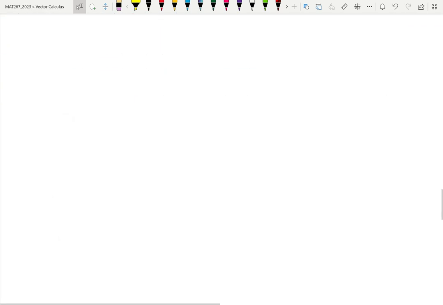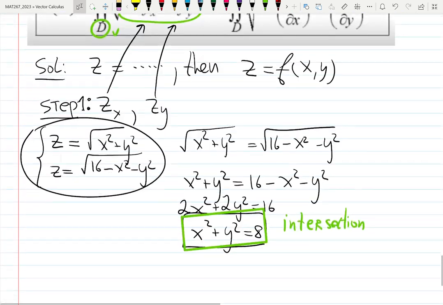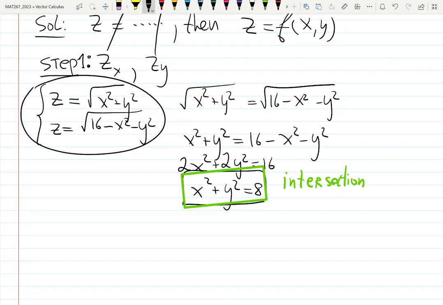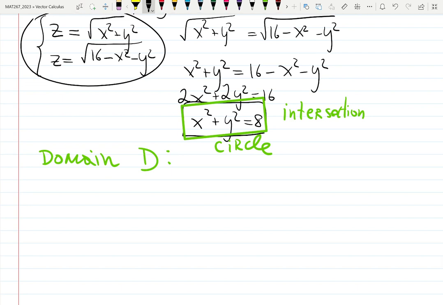So let's do that. So that gave us the domain. That is domain D. This circle. Not just a circle. It's a circle centered at 0, radius square root of 8.